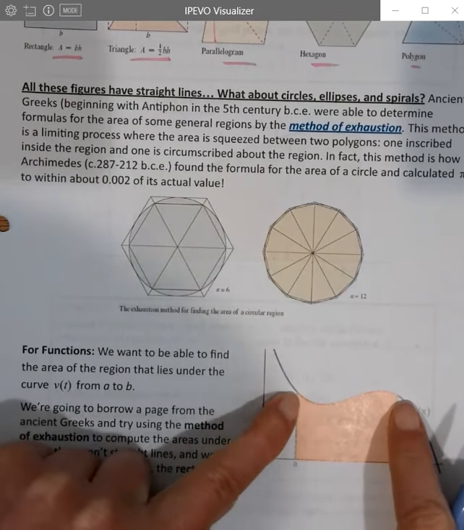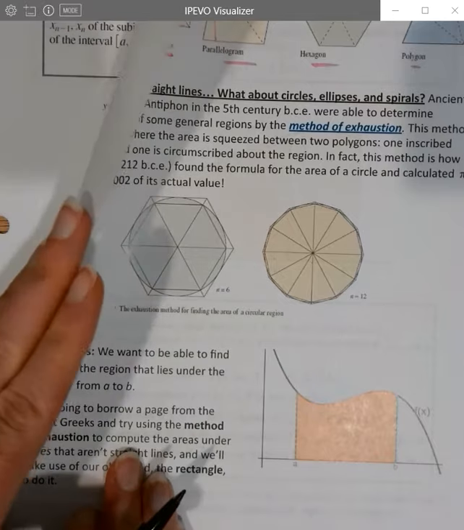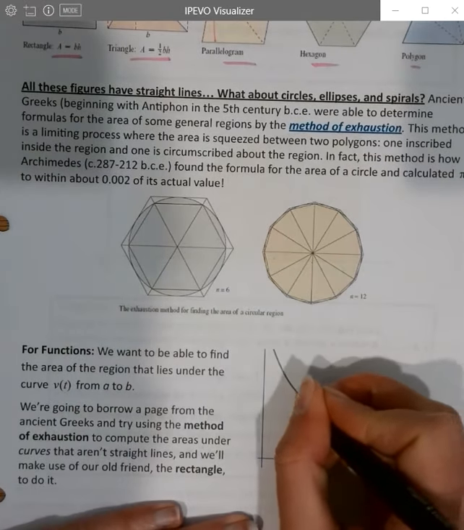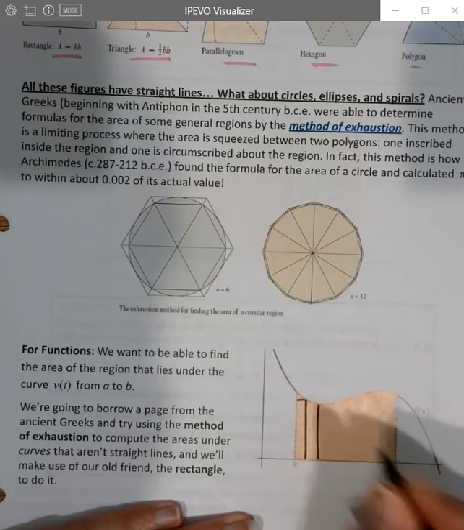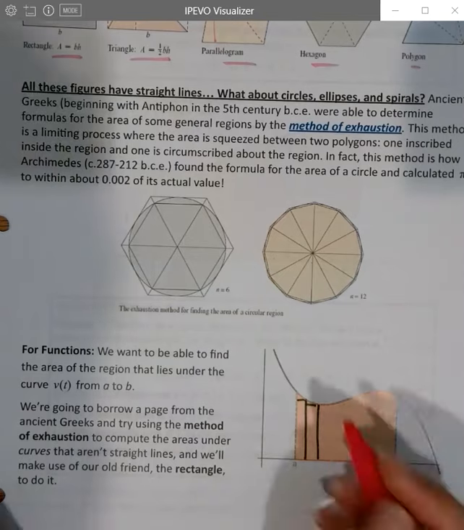So we're going to need to figure out how to discuss the area under that kind of curve, where it's not made out of rectangles and triangles. Now we are going to use that method of exhaustion in a different way. Instead of cutting this into triangles, we're going to cut this shape into little rectangles. Each of our little rectangles will have some error in it.